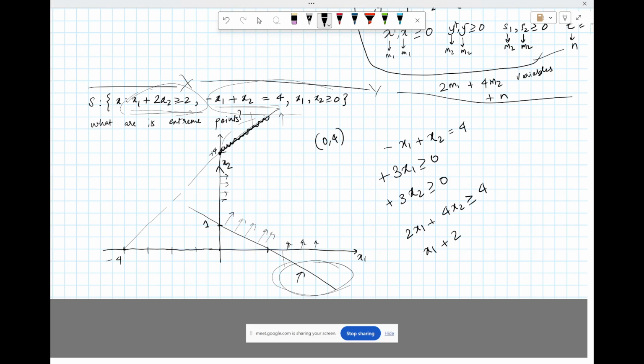So it is x1 plus 2x2 greater than or equal to 2, right?